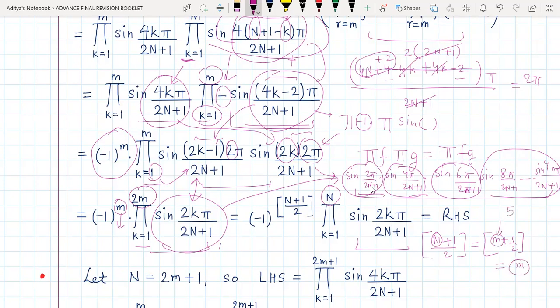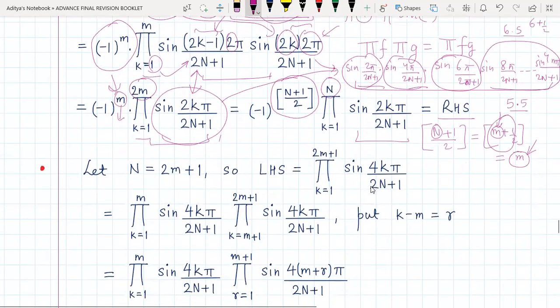Because let's say you want to know what is 5.5 greatest integer or 6.5 greatest integer, it is obviously going to be 6 only. 6 plus half greatest integer is 6 only, because it lies between 6 and 7. So this quantity basically lies between m and m plus 1, so its greatest integer is m. So m can be certainly replaced by this quantity, and hence the proof is complete for RHS in case when n is an even number equal to 2m.